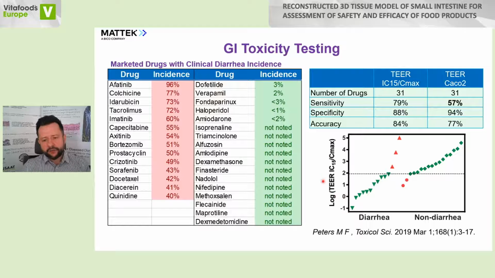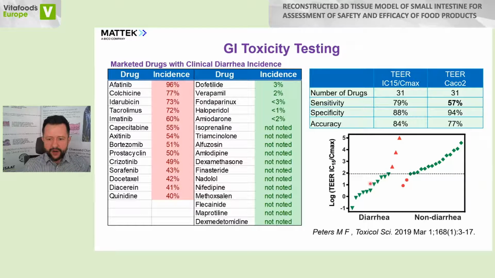The ratio of this concentration, at which the TER dropped, to the maximum plasma concentration of the specific drug gave us a parameter.